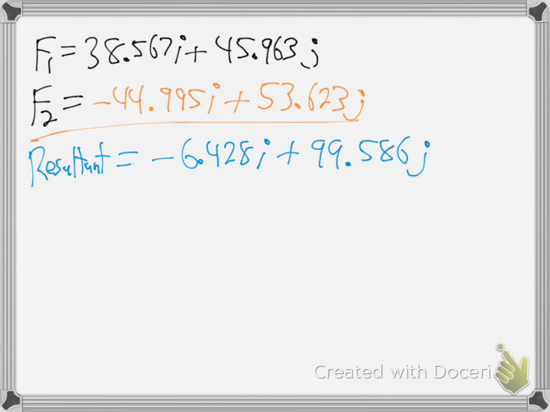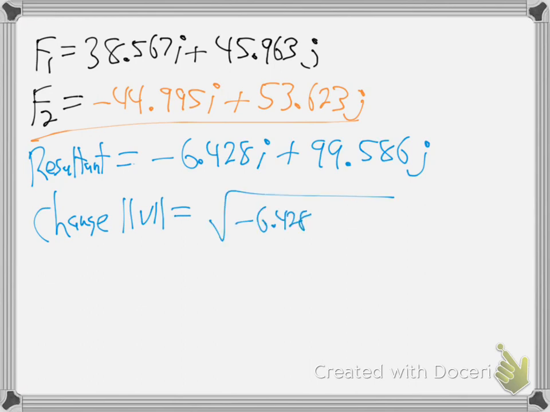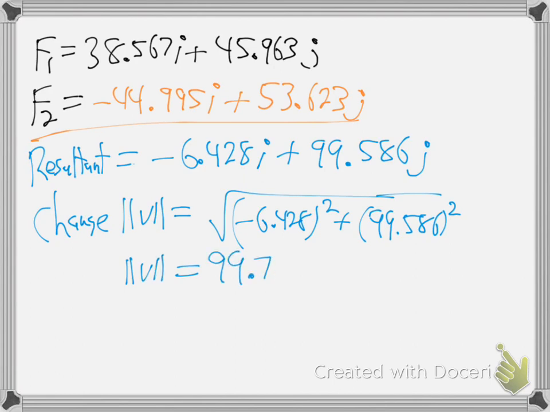All right, final step, change back. The magnitude of the vector is the square root of this one squared plus this one squared. So square it plus 6.428 squared, equals, square root of the answer. I'm getting the magnitude of the vector 99.793. And last thing, they want us to get the angle. How do you get the angle?